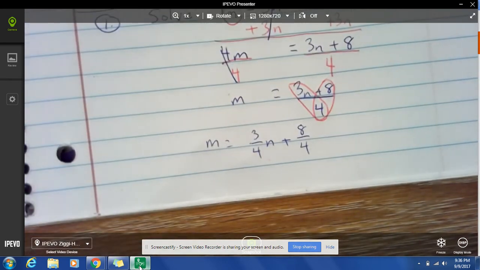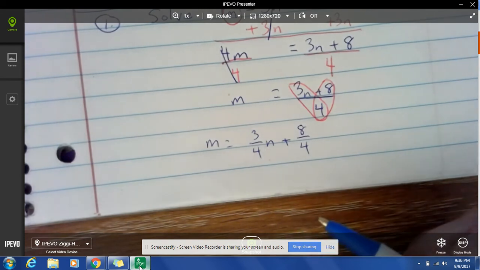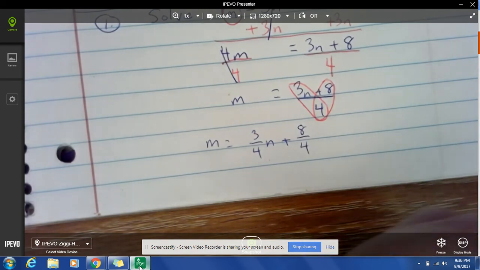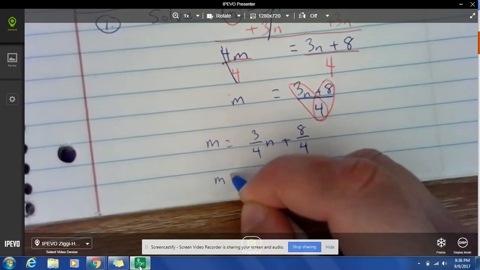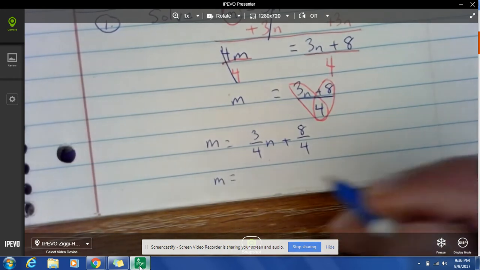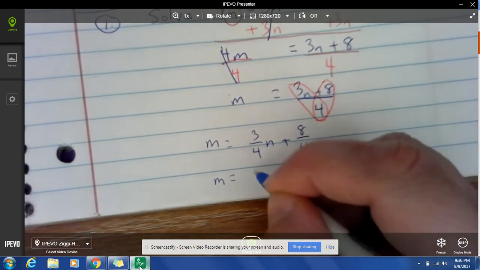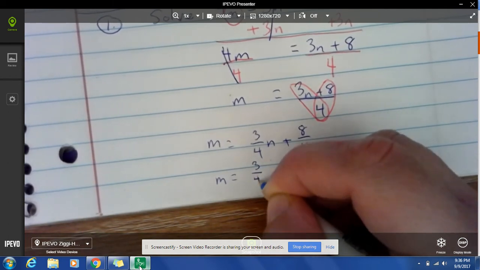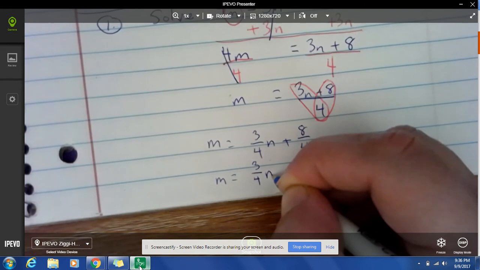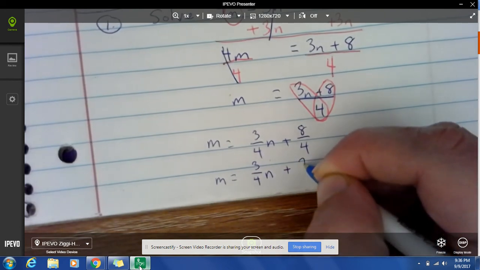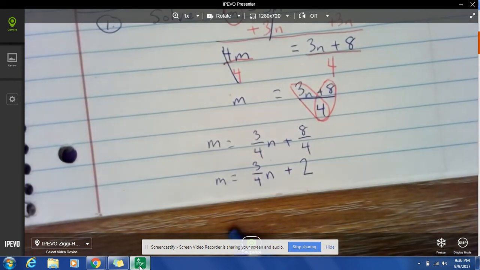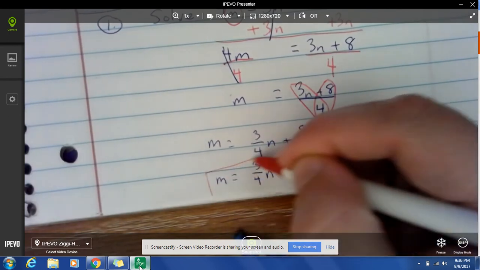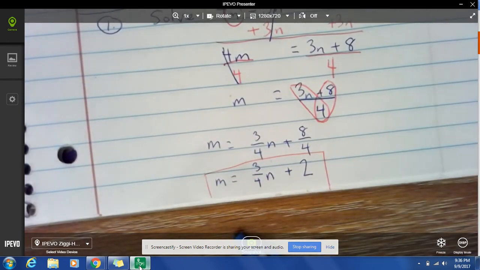And now we can simplify. Well, 3/4 n doesn't simplify down, but 8 over 4, well, guess what? That simplifies to 2. So the final simplified version is m equals 3/4 n plus 2. And now it is solved, and we have now solved for m in terms of n.